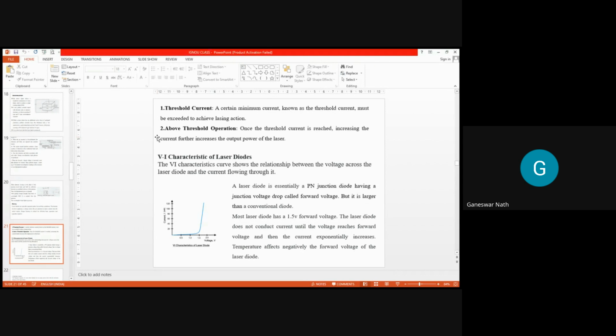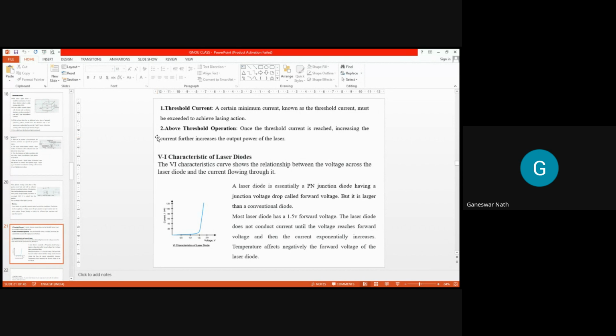That means the minimum current that should be supplied to the material so that electrons get excited and ready to achieve lasing action. Lasing action means emission of light at a particular activation state. That is known as lasing action.